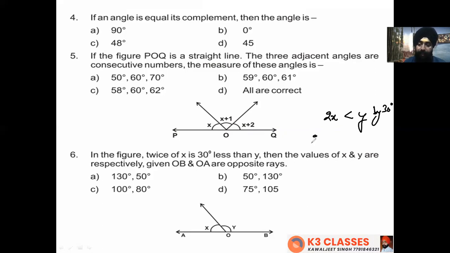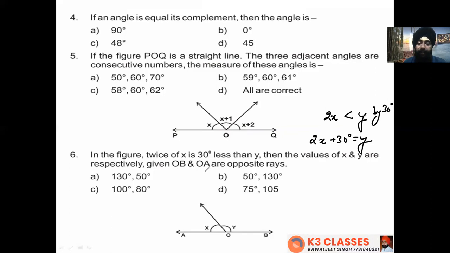So 2x plus 30 degree is equal to y. This is one of the equations. Then the values of x and y are respectively asked.